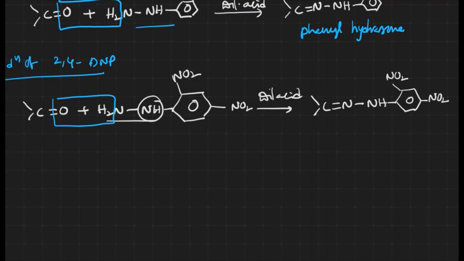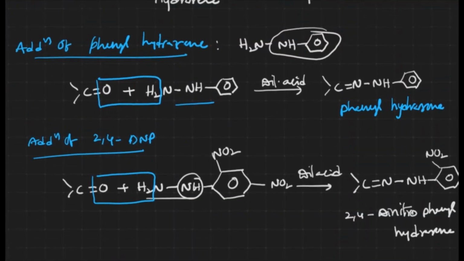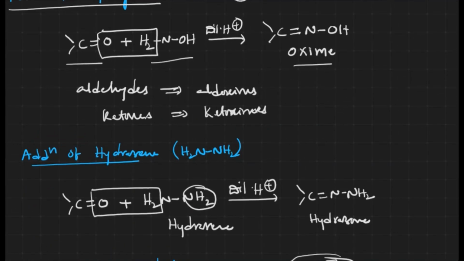What is the additional product over there? 2,4-DNP. What do we call this one? 2,4-dinitrophenylhydrazone. That is how the addition of the NH2G group with the carbonyl compound takes place.